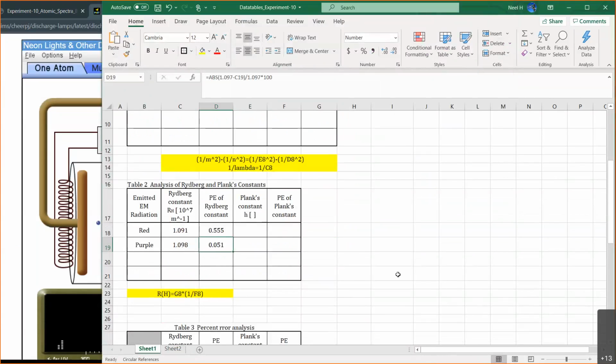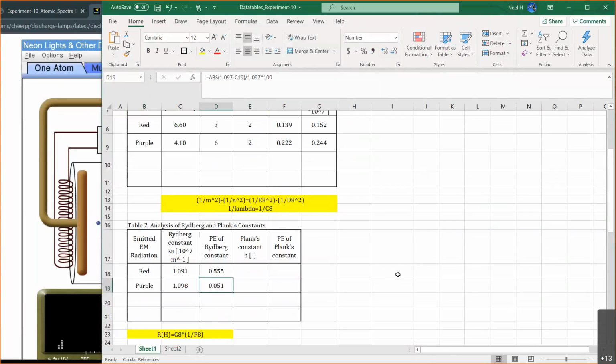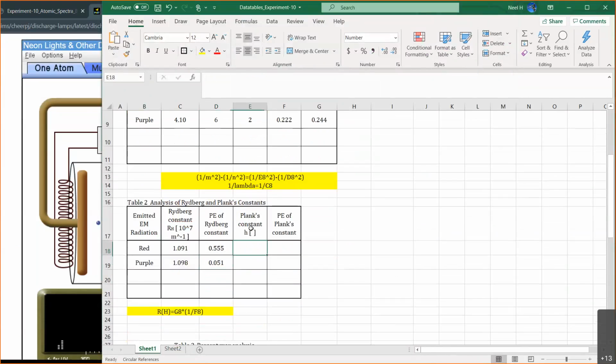Let's check out the Planck constant too. You know the Planck constant expected value should be in joule seconds, right? And the expected value is 6.626 times 10 to the negative 34. So let's check whether we can get that.